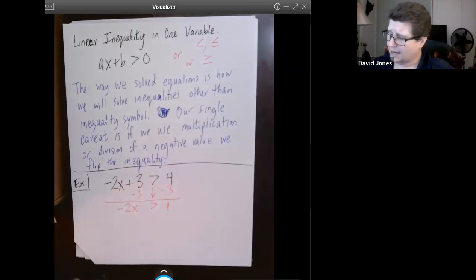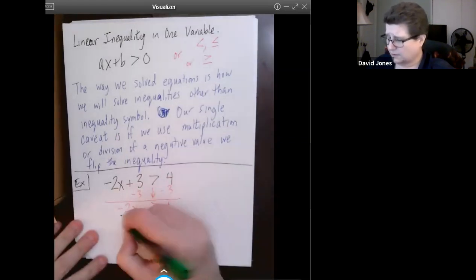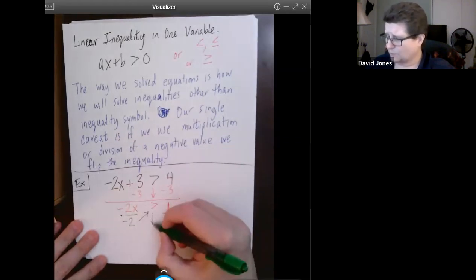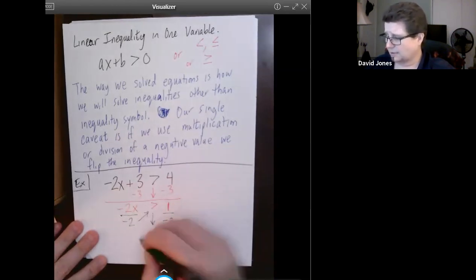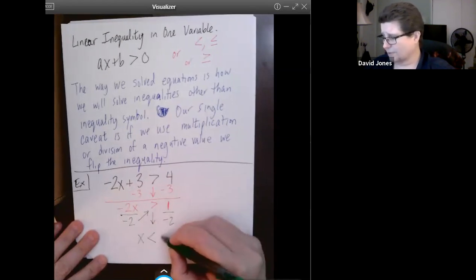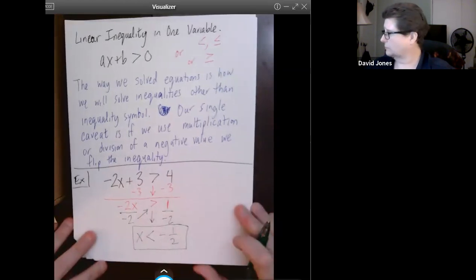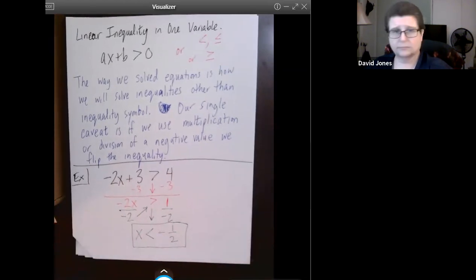And if I divide by negative 2, don't forget the negative sign, that causes this symbol to flip directions. x is less than -1/2. And if it's not a negative, the sign stays the same. But solving the inequalities is the same as solving the equalities, other than that single difference. Okay?